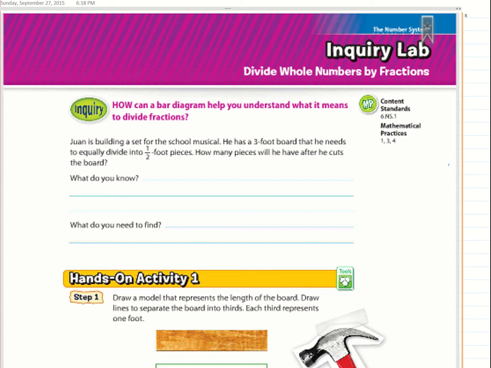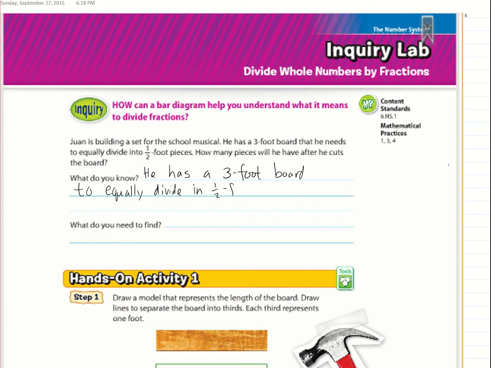So what do we know? We know that he's building a set for a school musical, but that's not going to help us solve anything. So we know he has a 3-foot board, and we also know that he needs to equally divide it into 1/2 foot pieces.